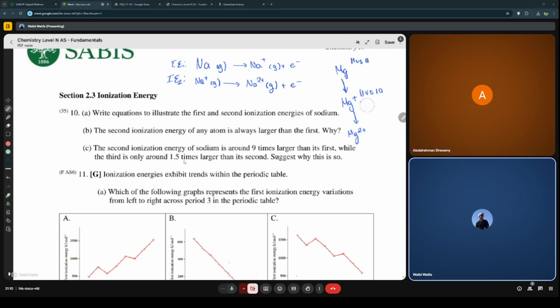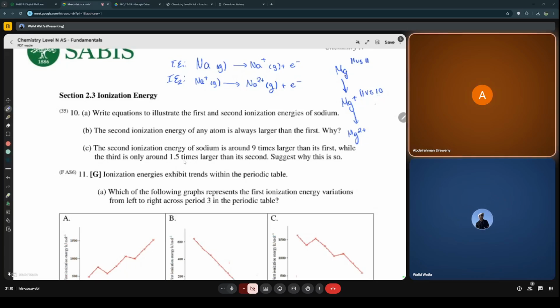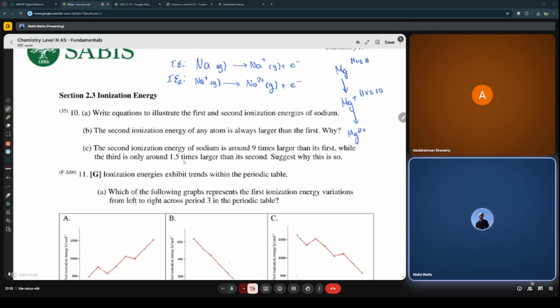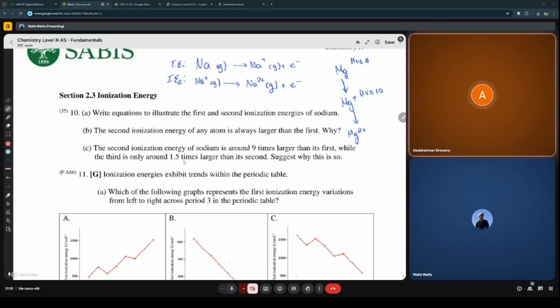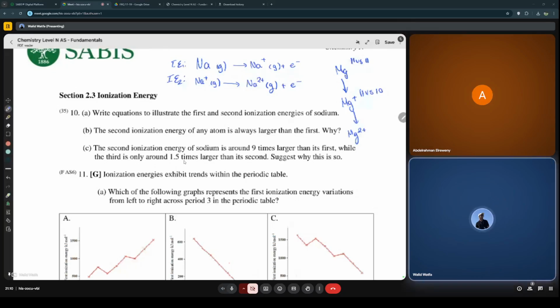Who's the 11? The nucleus. So the nucleus and the valence electrons were sort of balanced, but when you go to Mg plus and want to take another electron, the nucleus is taking over, so you have to put in more energy. Does that make sense?